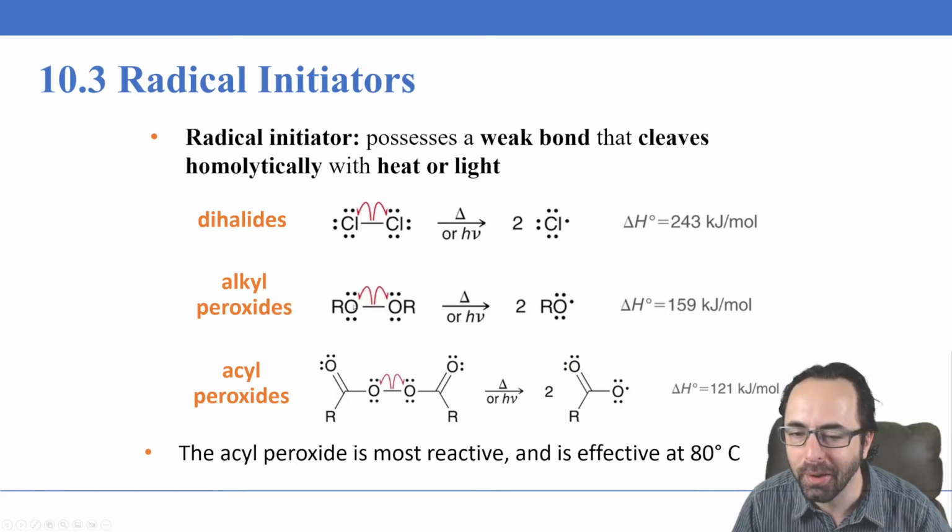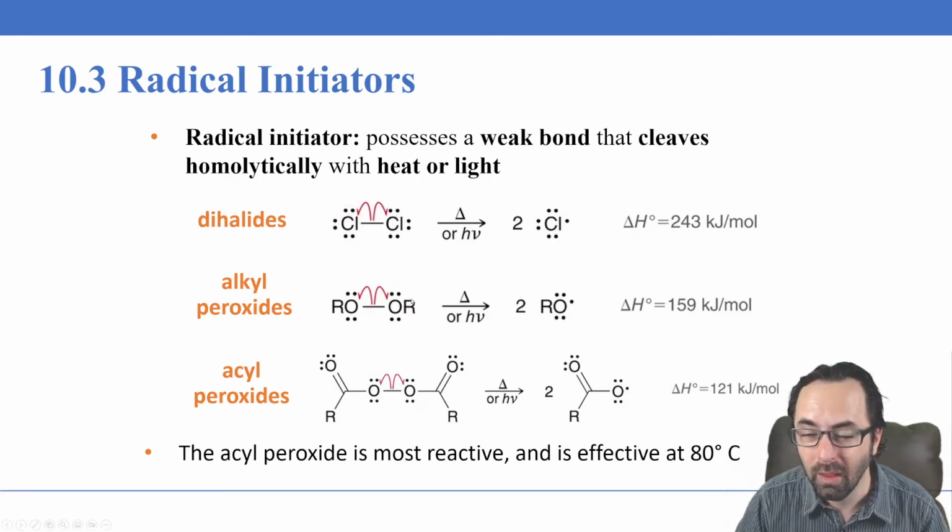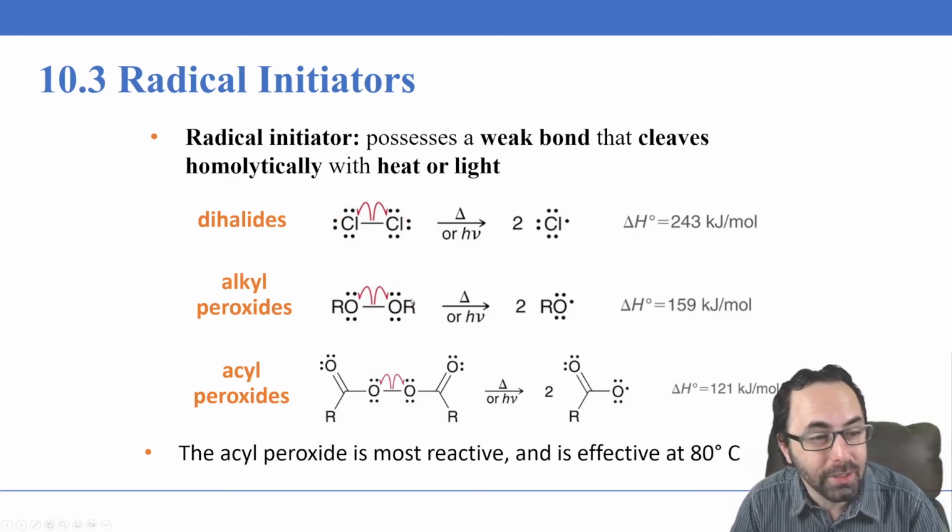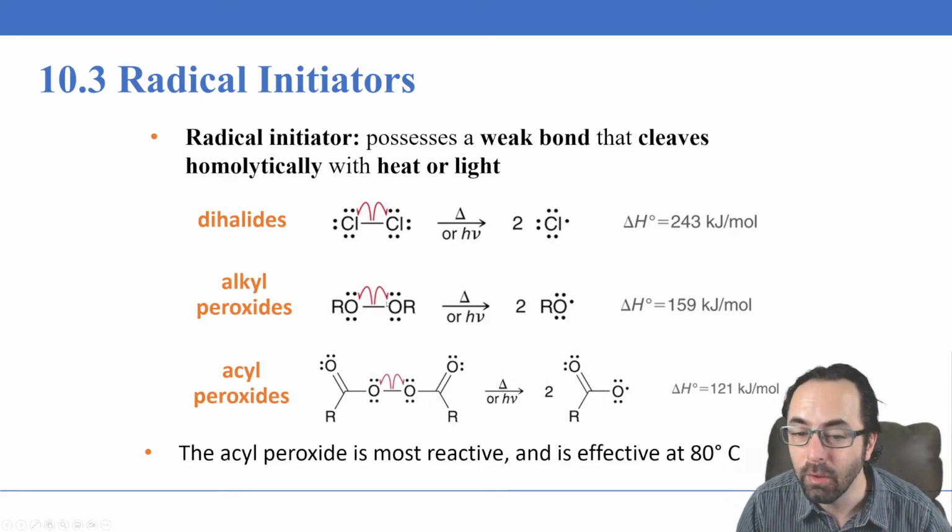The reason is because, just like with the chlorine and the fluorine, oxygen really pulls on electrons even harder than chlorine. And so if you have a bond between oxygen and oxygen, it's quite weak because each oxygen wants to take its own electron and go home. And so you can see that results in a very low bond dissociation energy.